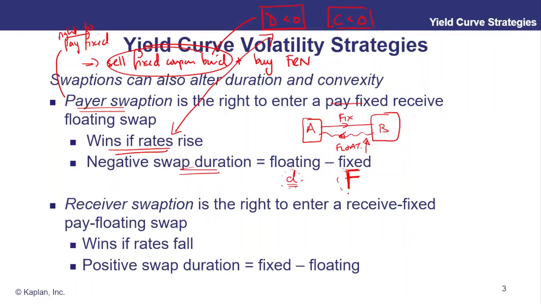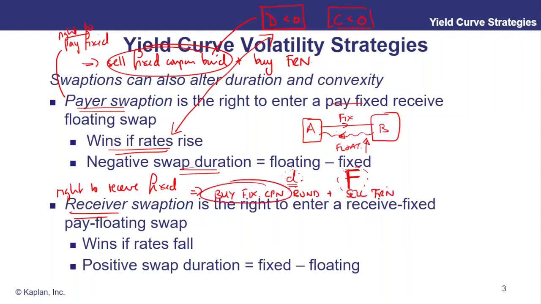Of course, a fixed coupon bond, by definition, has quite a high duration because all of its cash flows are fixed. So this is going to be negative. Same logic: a receiver swaption is the right to receive fixed, and the right to receive fixed is similar to the right to buy a fixed coupon bond and sell the FRN essentially to fund it.